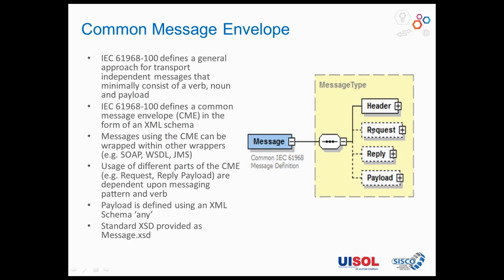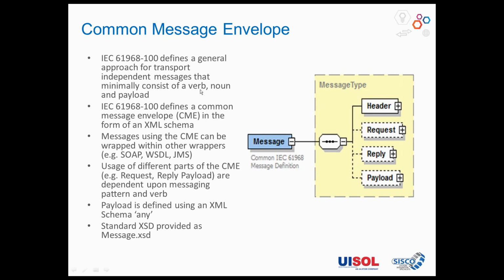You're going to have a header. It could be a request. It could be a reply. You will always have a header for the majority of your message stereotypes. But you may not necessarily have a payload or a request or reply. So Part 100 defines a general approach for transport.